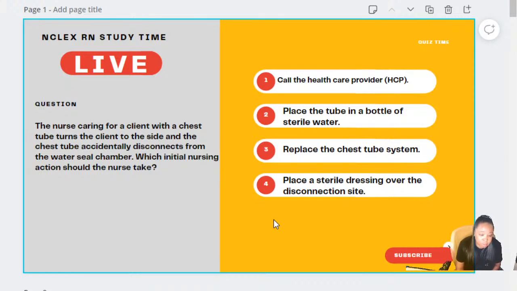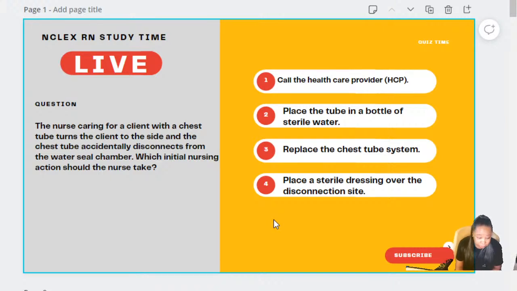The second one says place the tube in a bottle of sterile water. Do you think it's a good choice? Let's go over the third one. The third one says replace the chest tube system. Will you replace the entire chest tube system because the tube is disconnected from the water seal chamber?